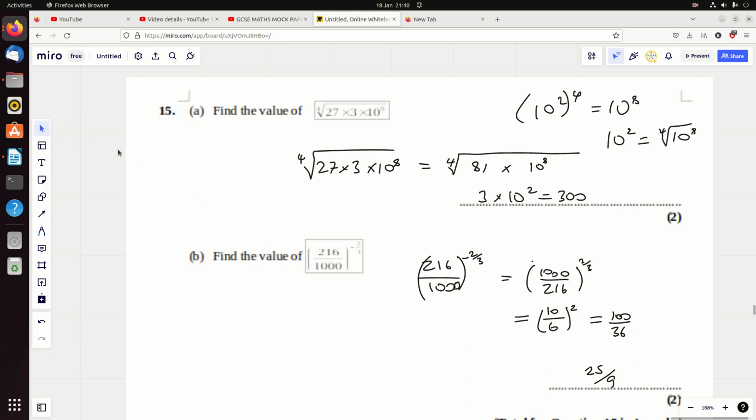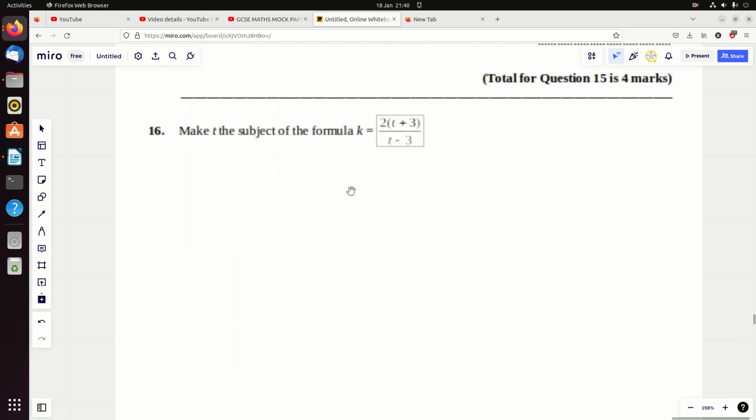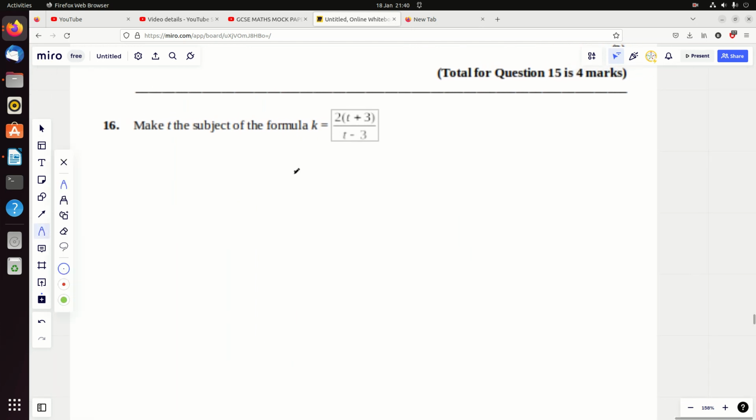Done. Next one. Okay, make t the subject. Well, these ones, you always times this across, multiply it out, and then you match up the t's, because we're making t the subject. Put all the junk you don't want on the other side.